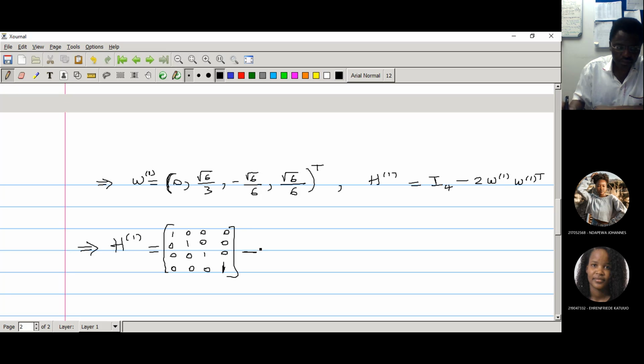Now, minus 2, this times that. Now, you can see that I have a common factor here, square root of 6 by 3. I can factor it out. Actually, even this one I can factor, because I can write this to be 2 here and 2 there on top. I factor this so that I will not manipulate too many terms.